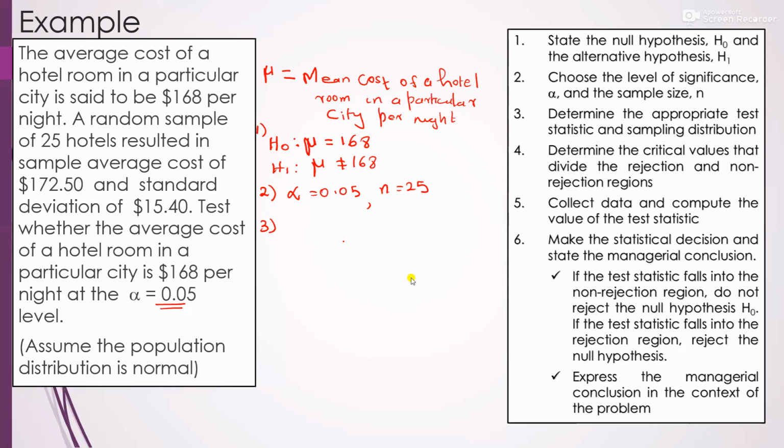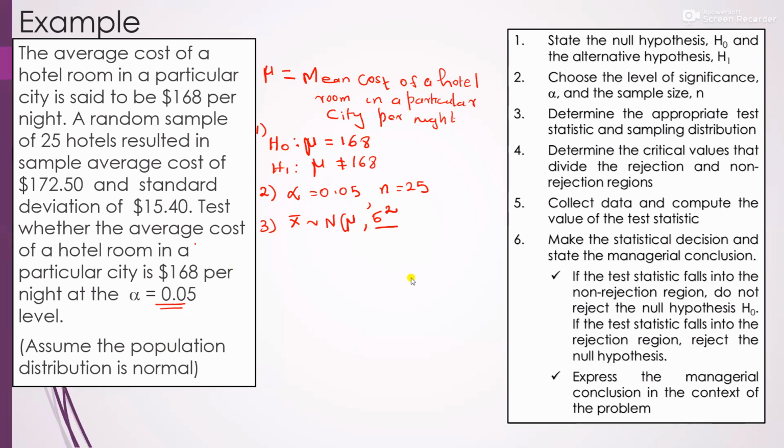Appropriate test statistic. So now to decide the test statistic, we need the sampling distribution. Now X bar has a normal distribution with mu unknown and sigma, that sigma is also unknown, over n.